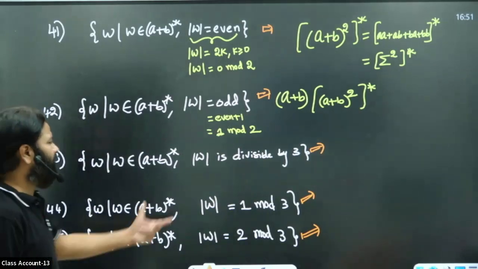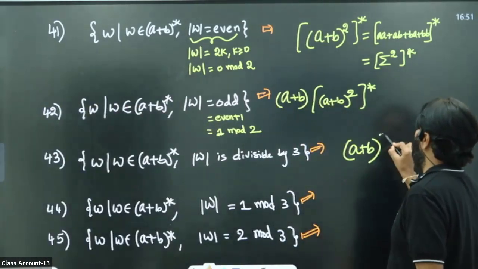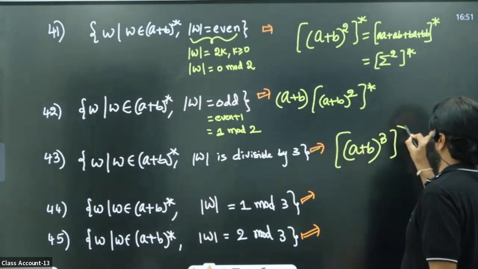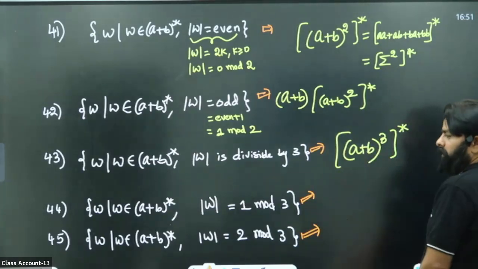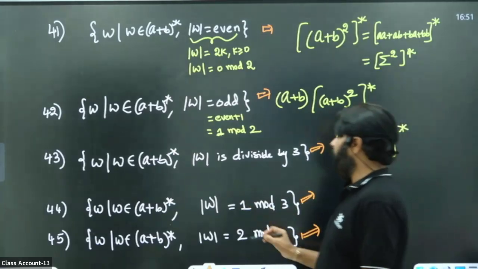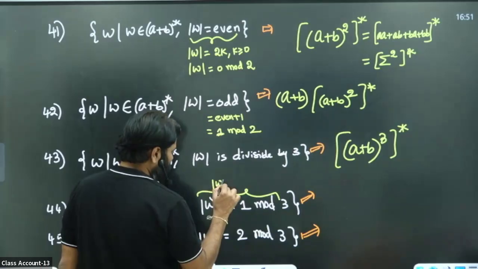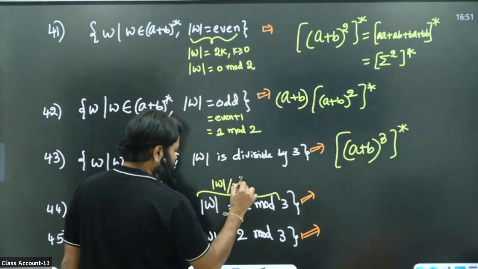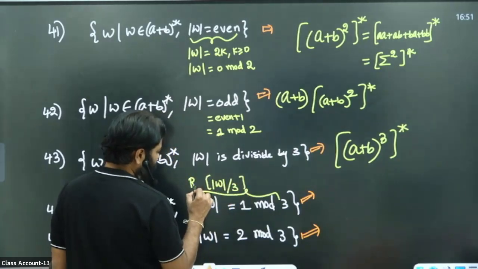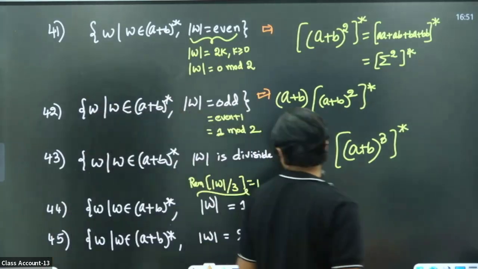Okay. Divisible by 3, now you will write easily (a plus b) power 3 whole star. This is divisible by 3, multiple of 3. And 1 mod 3 means remainder 1 should happen. So what is the meaning of this? When you divide the length of w by 3, its remainder you will see is 1. That is the meaning of 1 mod 3.